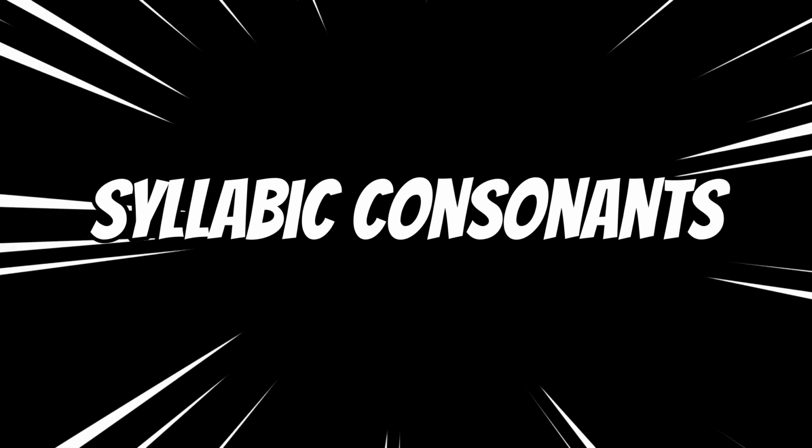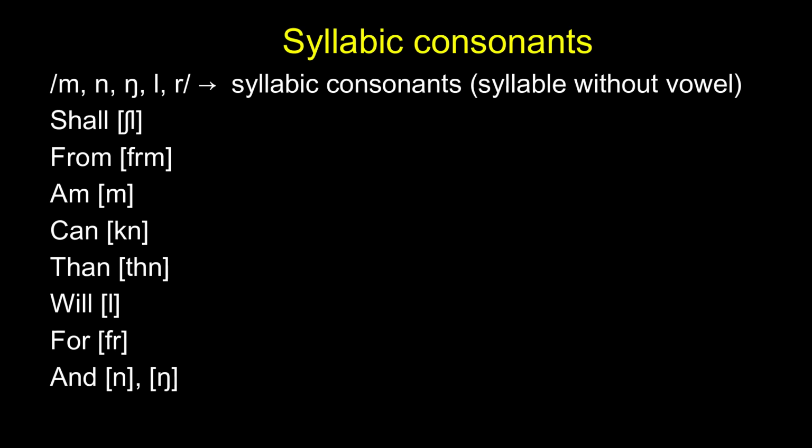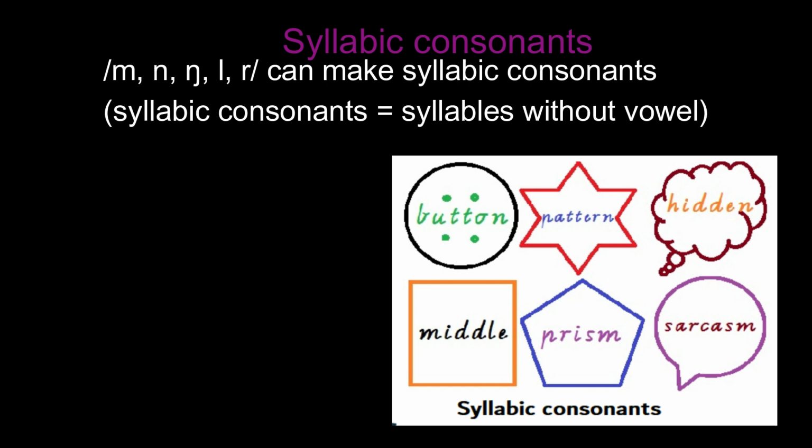Syllabic consonants. If the final consonant of a function word ends with nasals or liquids, that is, m, n, ng, l, r, they can become syllabic consonants. That is, the schwa before these consonants is dropped.